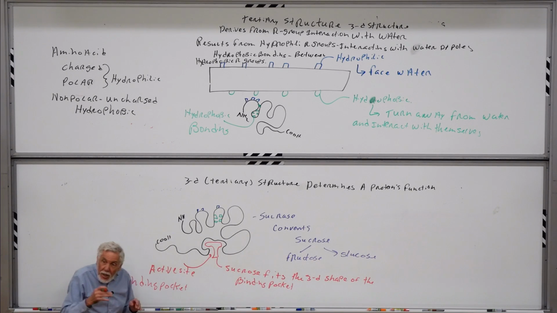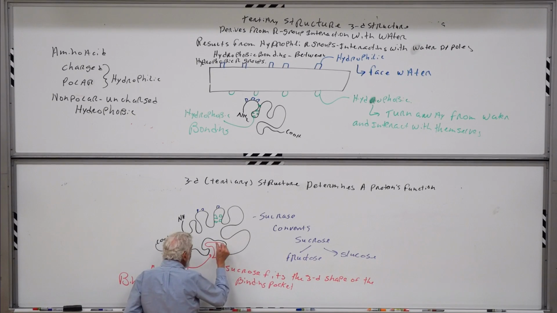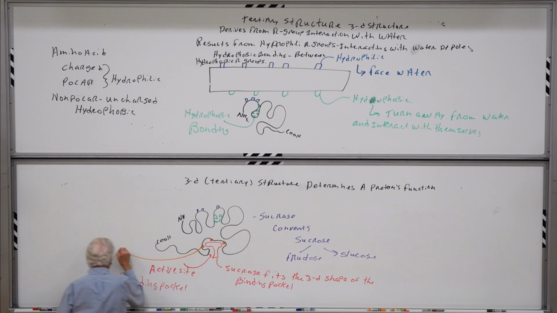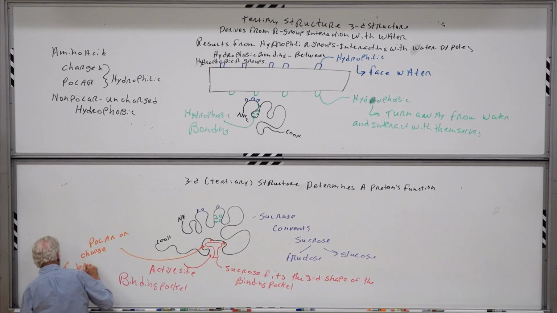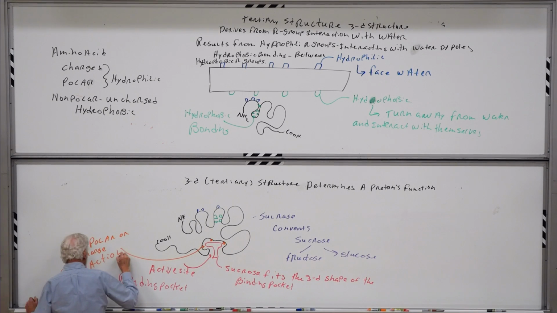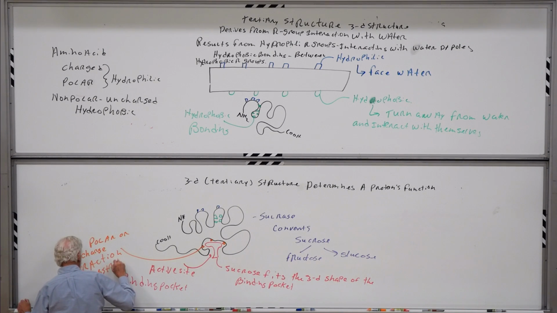In addition to this 3D shape interaction, a kind of lock and key, there also has to be a certain amount of interaction of charge or polarity. There needs to be polar or charge interaction between substrate and enzyme.